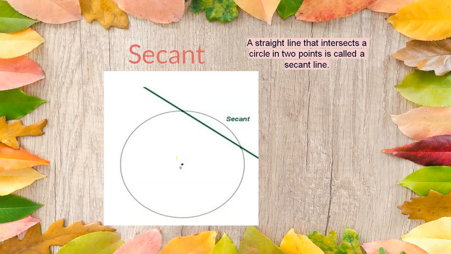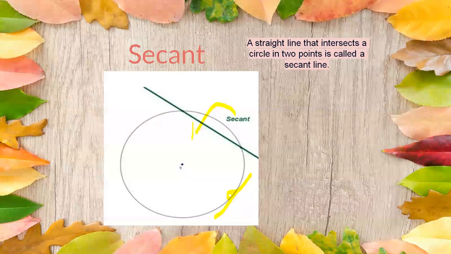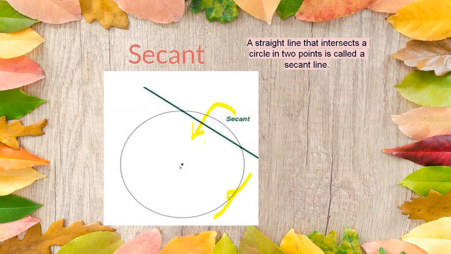The last part, secant. It's not a secret, actually the word is secant. Again, it's a straight line. But what is the difference from the tangent? The tangent touches at one point. But the secant, what is the definition? A straight line that intersects a circle at two points.